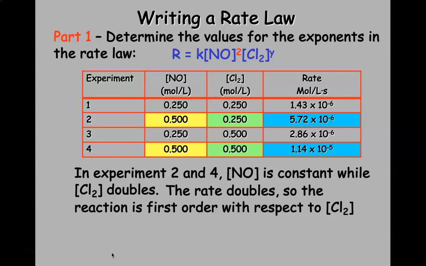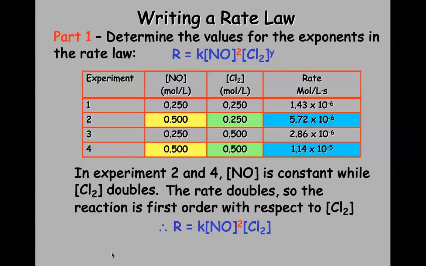If 2 to the y equals 2, what does y equal? y equals 1, so I know that it is first order with respect to chlorine. So now I have my rate law. Yes, this happens to match the coefficients in your balanced equation, but it's not always going to happen that way.